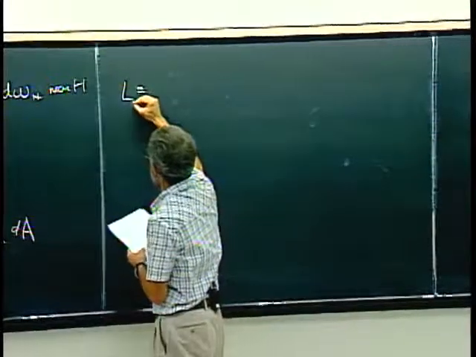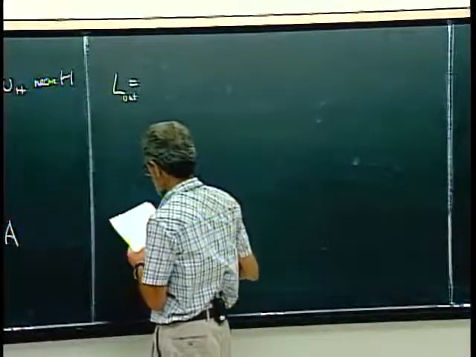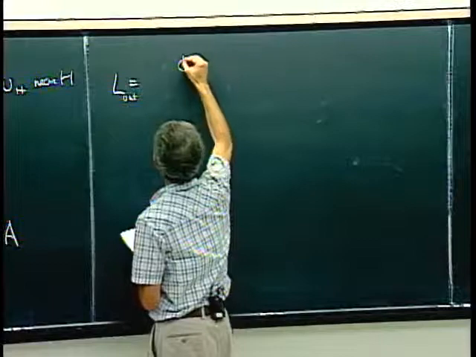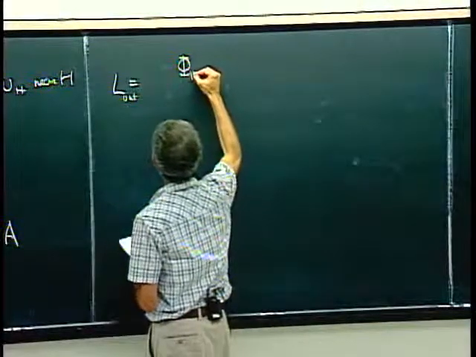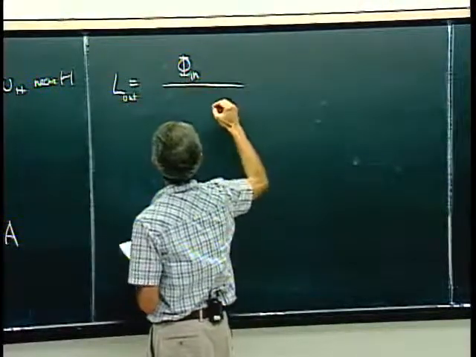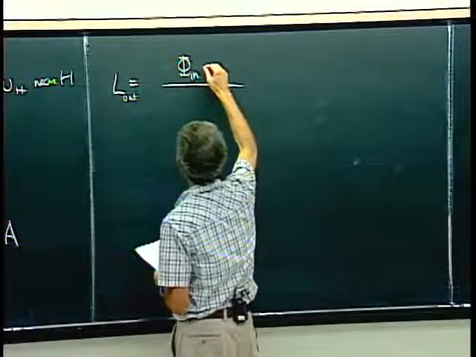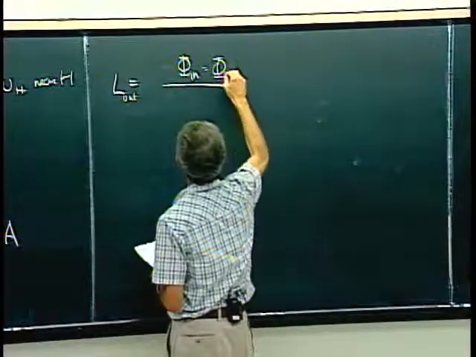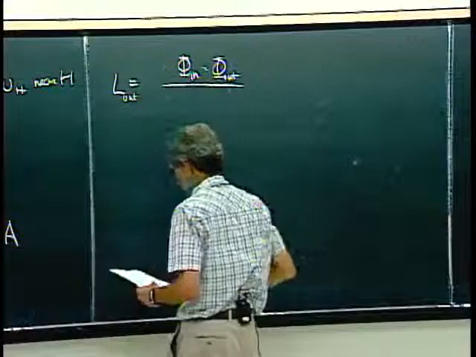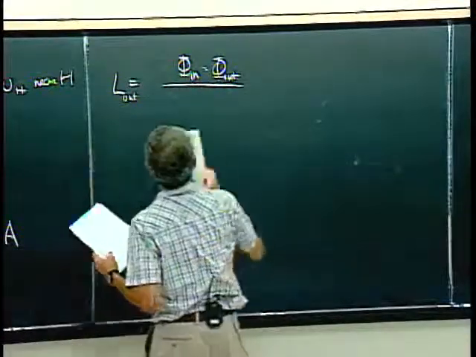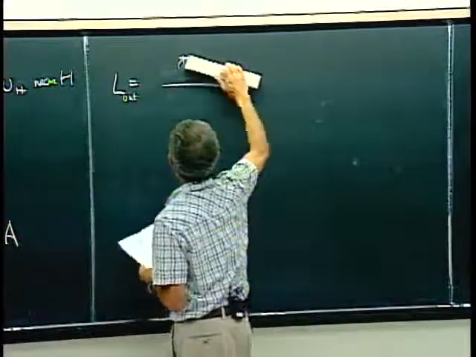I'm going to write L out. L out is supposed to be the flux coming in, or the flux coming out. We're assuming the flux coming in is the same as the flux coming out. So why don't I just write it as flux? Actually, I call it a d phi there.